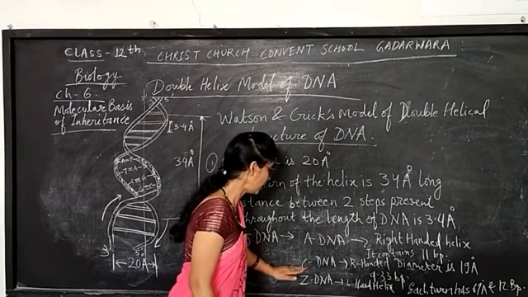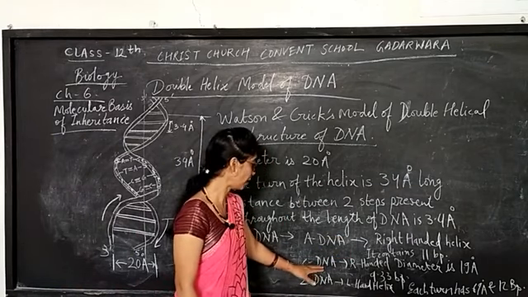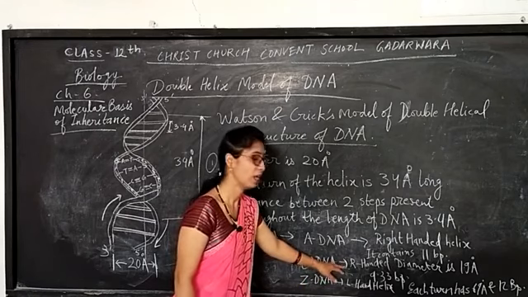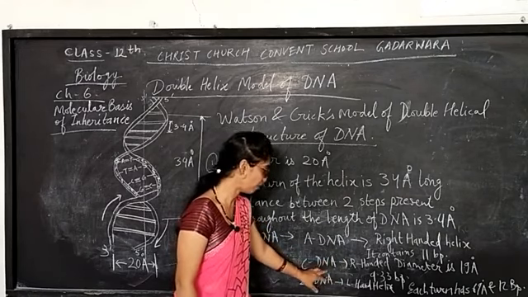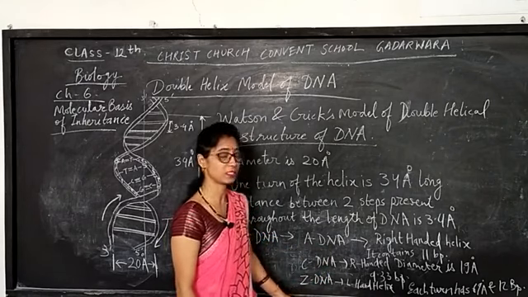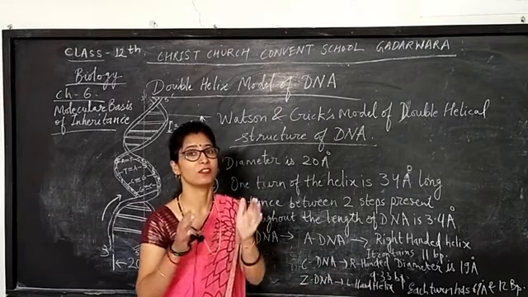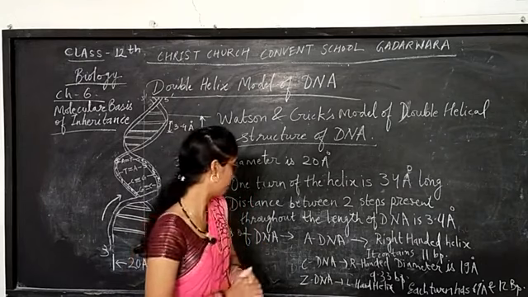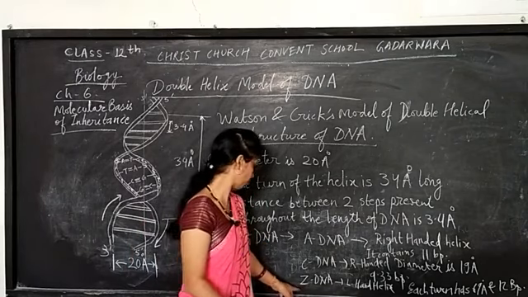Then C-DNA is a right-handed helix and its diameter is 19 angstrom, and there are 9.33 base pairs in each turn.